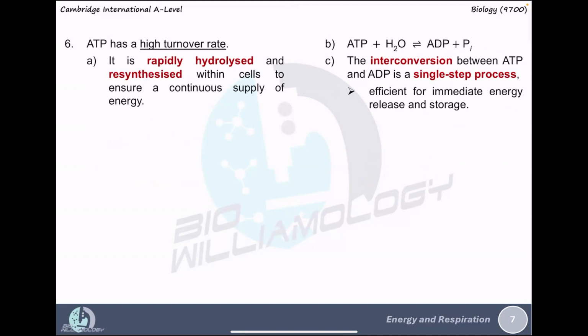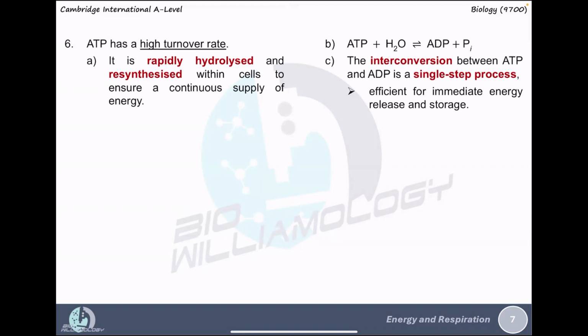And the interconversion between the ATP and the ADP is very, very high. So we say that ATP has a high turnover rate. It can be rapidly hydrolyzed and resynthesized within the cells to ensure a continuous supply of energy when this ATP is hydrolyzed.